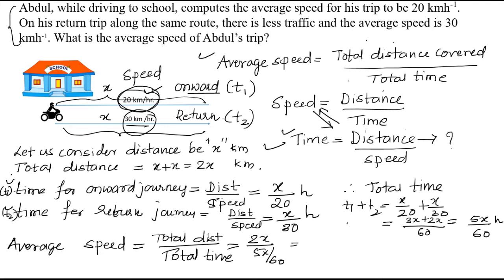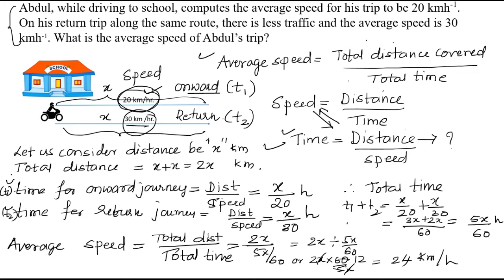Since it is divided by, we can write 2x into 60 by 5x. So 5 twelves are 60, which gives 24. x gets cancelled here. 24 kilometers per hour.